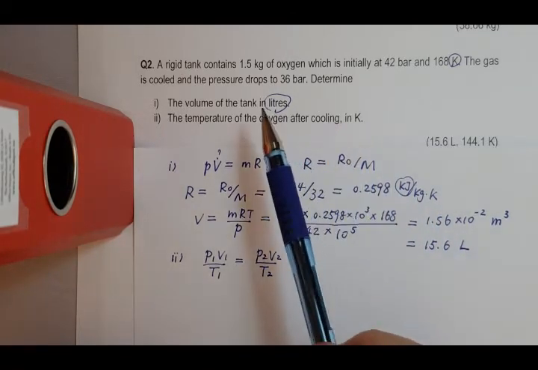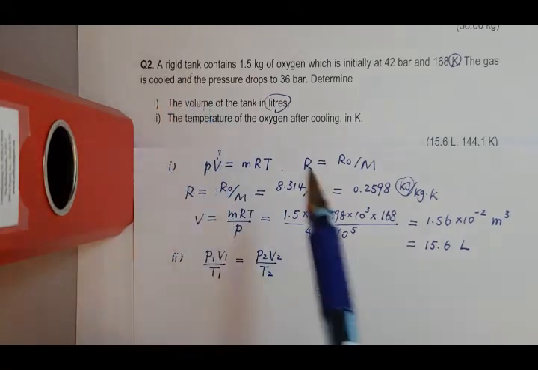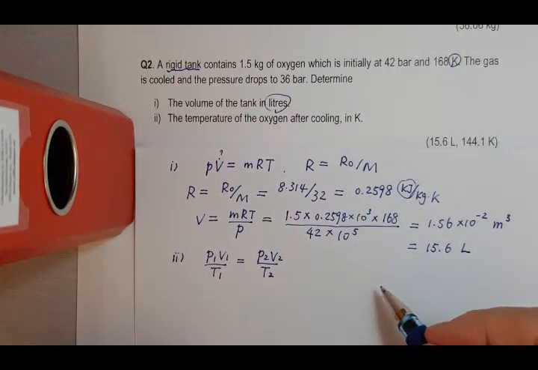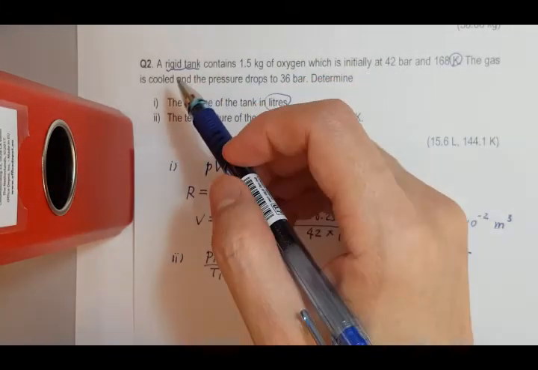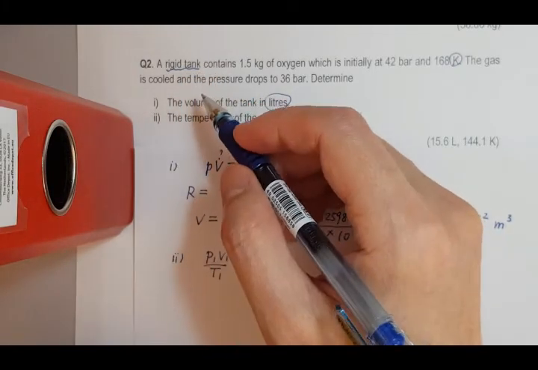Also, if you look at the question, it says rigid tank. As I mentioned earlier in the lecture, any process happening in a rigid tank has the same volume, so the volume won't change.